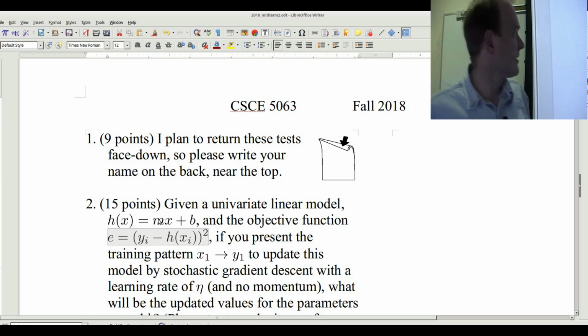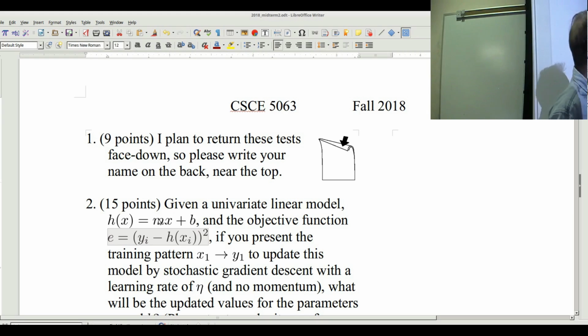Let's try it. Let us suppose that m is 1 and b is 0. And so we're basically doing the identity function, so we're saying x is equal to y. Now let's suppose x is 1 for convenience, and y sub i is 1.1.